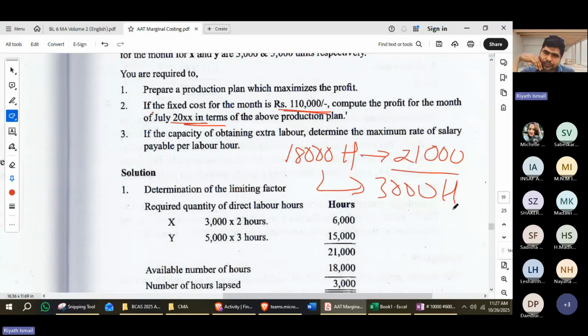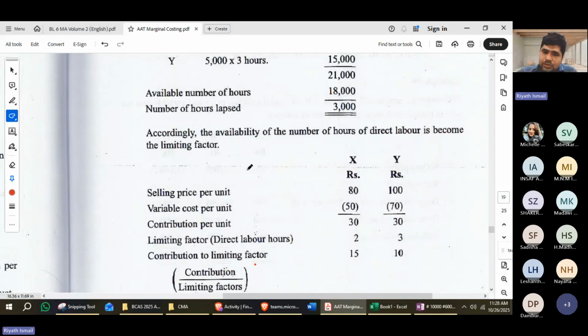The question is, how much is the maximum rate of salary payable per labor hour? How do we calculate? Any idea?